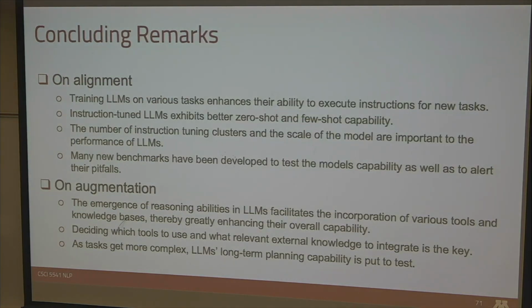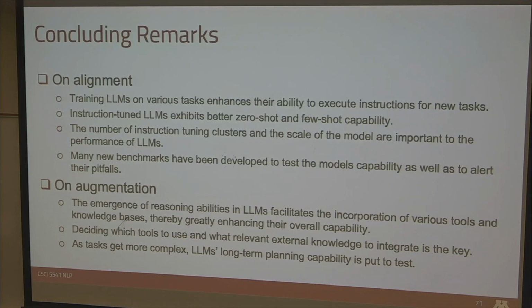Okay, so to conclude, a lot of stuff we talked about today. On alignment, we talked about the capability and alignment of language models. Instruction tuning seems to be really effective in bridging the gap between capability and alignment. New benchmarks have been proposed, even to this day, to really test the models' capability.